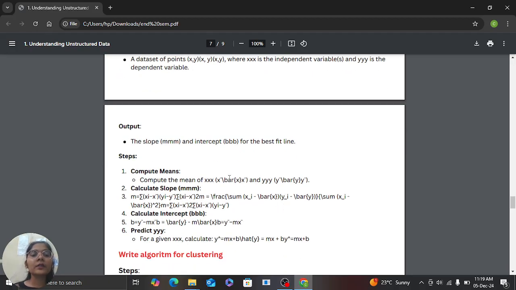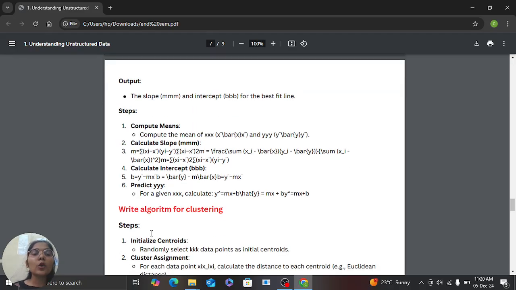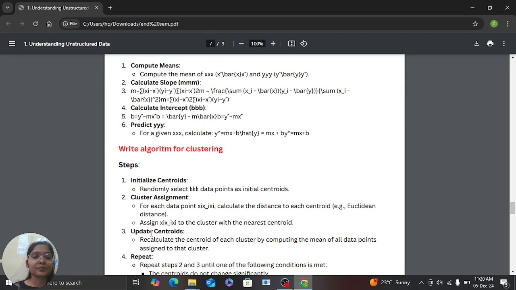Firstly, we need to compute the mean of the data points. After taking the mean, we compute the slope, and after the slope, we calculate the intercept. After that, we predict the values on the basis of our actual values.